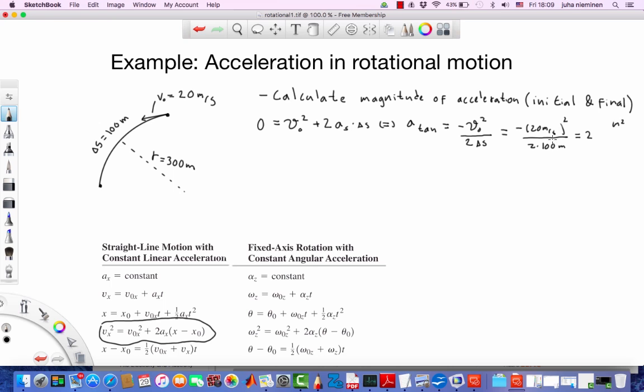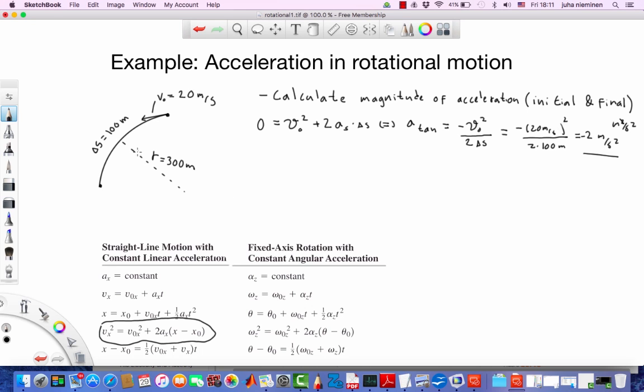So we are left with meters per second squared, which is the unit of acceleration. So we're good with that, and it's of course of negative sign because we're braking. Hence our velocity in the tangential direction is decreasing at a constant rate, 2 meters per second squared.